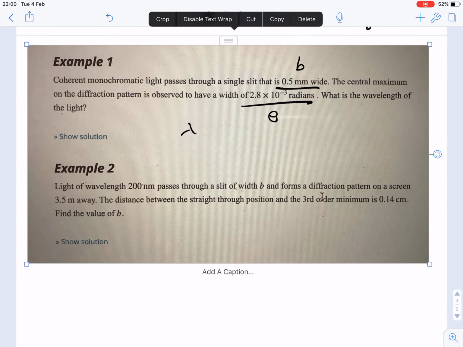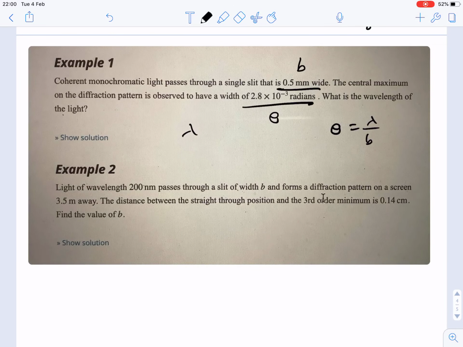Our formula here is theta equals lambda over b. Make your substitutions. So it's going to be lambda equals b times theta.